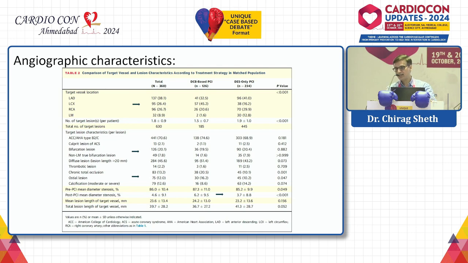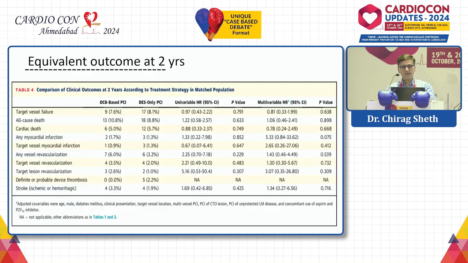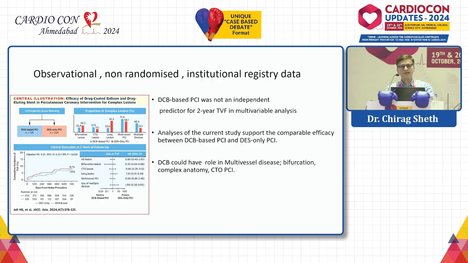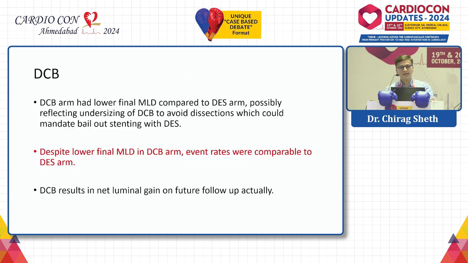So they were typically complex patients, and in all those complex patients, the outcomes were equivalent. These outcomes between DCB and DES arms at the end of 2 years being equivalent, they concluded that DCB could have a role in multivessel disease, bifurcation, complex anatomy, and CTO PCI.